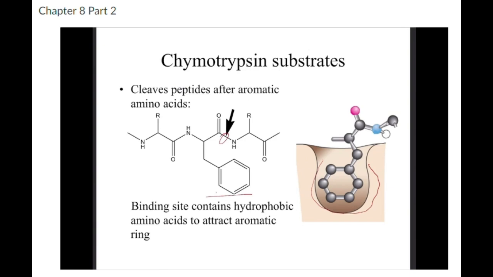And simply by changing that binding site but keeping the same catalytic triad, we can get several different specificities in terms of the substrate that we can use, but have the same mechanism, because the mechanism applies to the breaking of any peptide bond. It doesn't have to be just those that have an aromatic amino acid at that position.